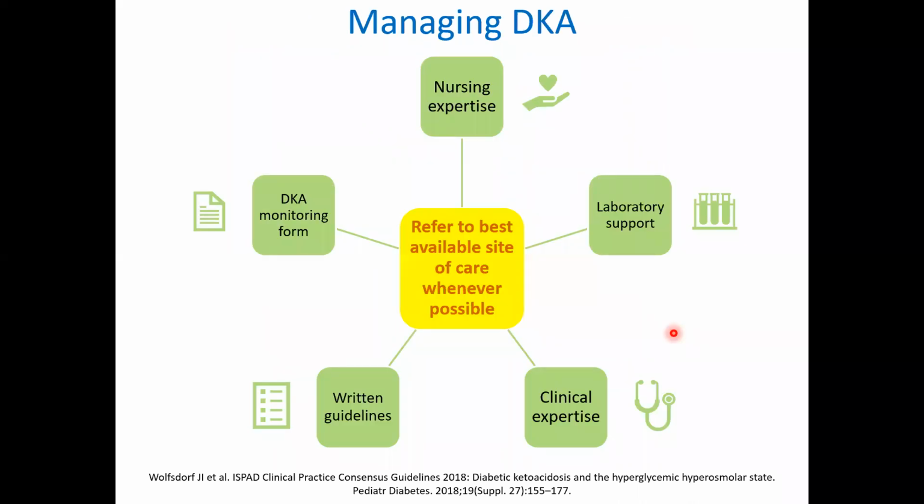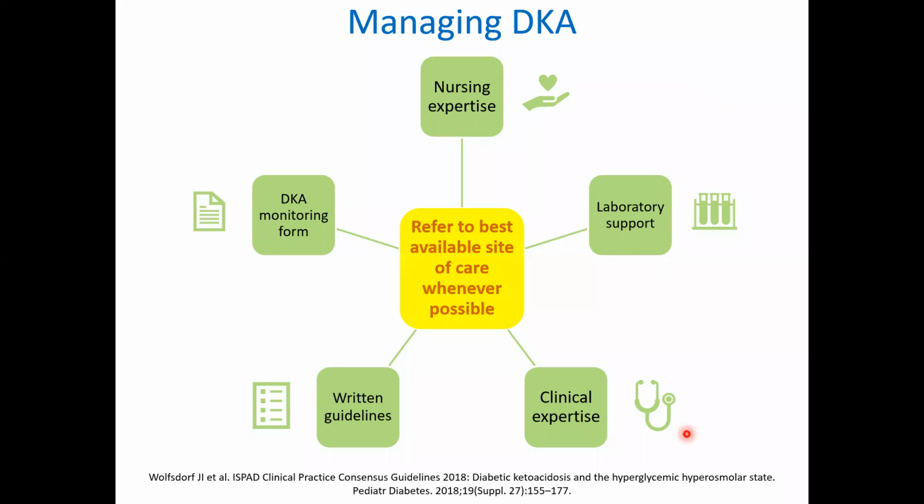So what are the things that we need to have in place to ensure that our patients with DKA get the best care? It's important that these patients are managed at the best available site of care as much as possible. And what is this best available site of care? As you will see later, these patients require very close monitoring. So we need nursing expertise. We need laboratory support because we need to do a lot of laboratory investigations very frequently.